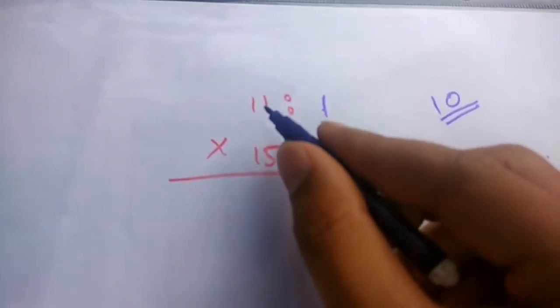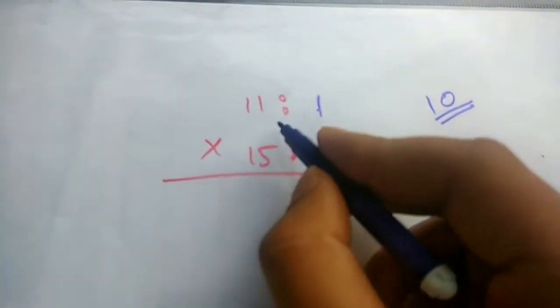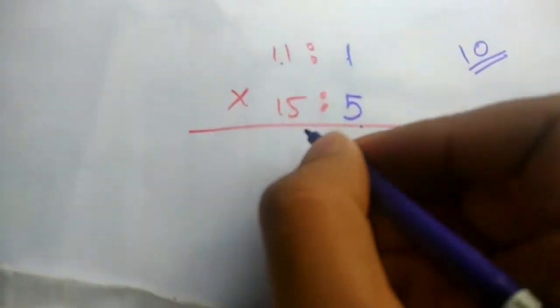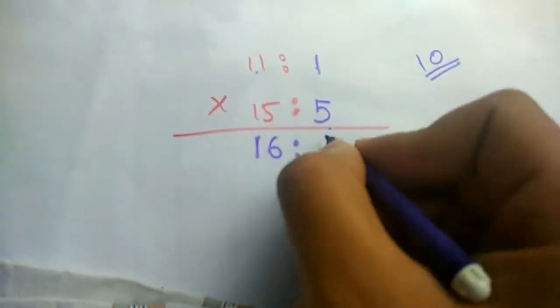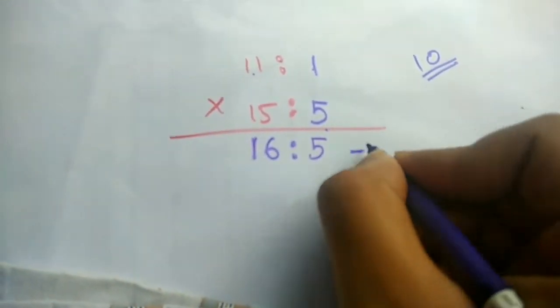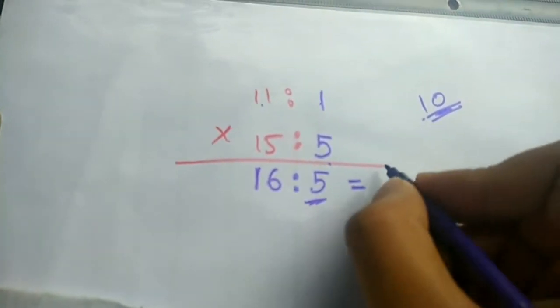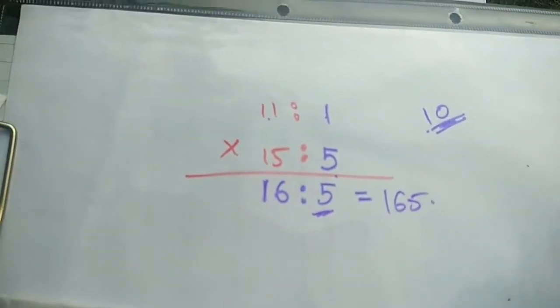So 11 plus 5 or 15 plus 1, both come to 16, and 5 ones are 5. The answer we have is 165.